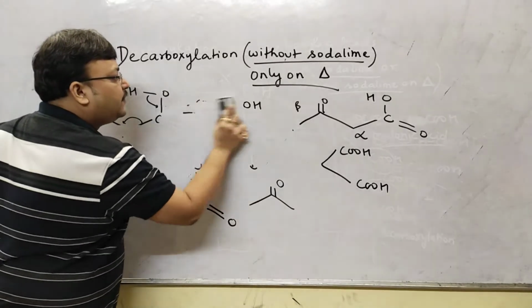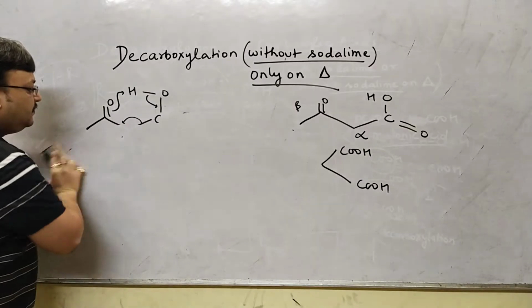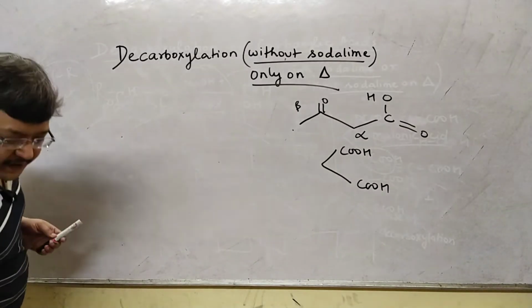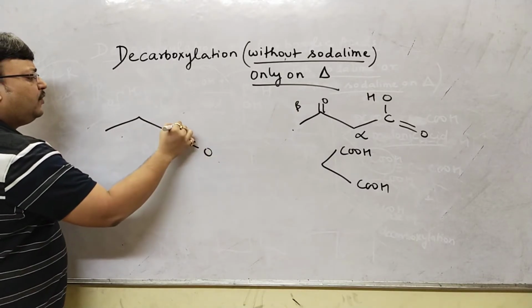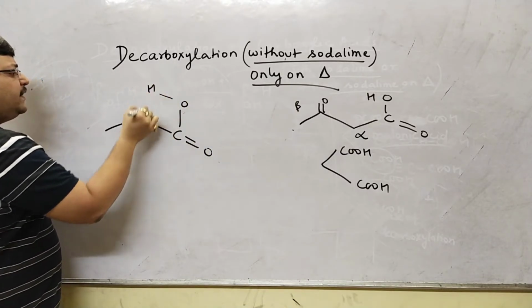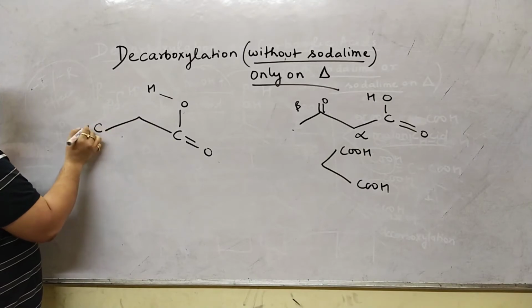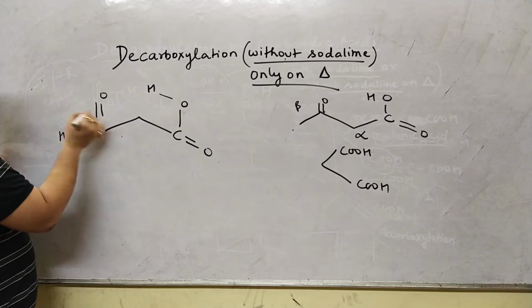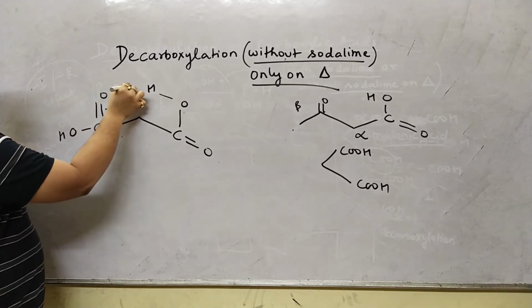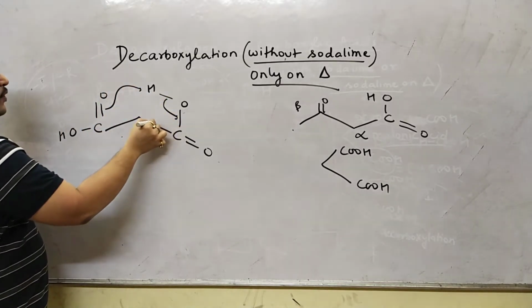I can do that for a gem dicarboxylic acid. Maybe yet again I'll want to have C double bond O OH. On this carbon I have another COOH. I can again think about a making and breaking of bond.